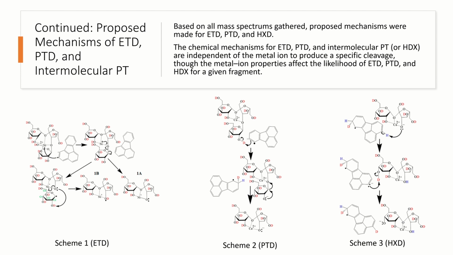Or yes, sorry, I talked in abbreviations. Hopefully you got that. But the chemical mechanisms for ETD, PTD, and intermolecular PT or HDX are independent of the metal ion to produce a specific cleavage, though the metal ion properties affect the likelihood of ETD, PTD, and HDX for a given fragment.